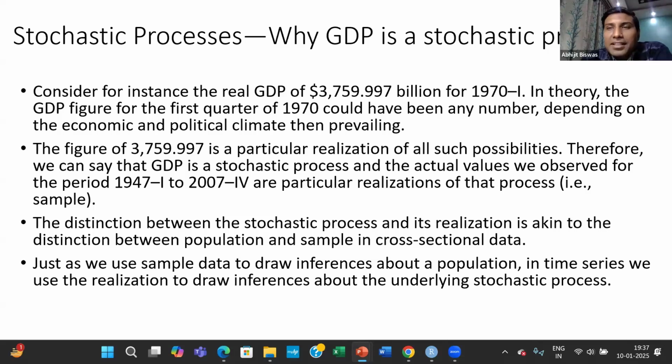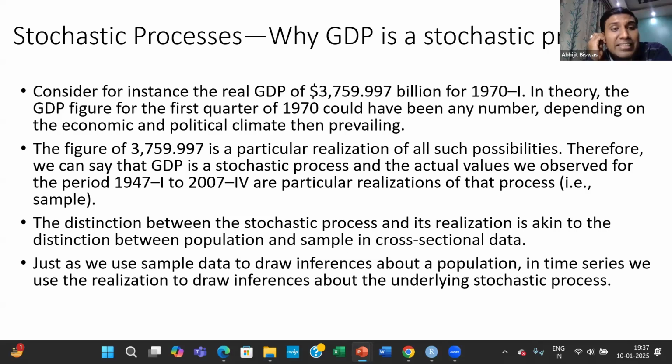The figure that we have quoted in this slide is a particular realization of all such possibilities. There were numerous possibilities that GDP could have been: 3758, it could have been 3820, it could have been any number. Out of all those numerous possibilities, we got 3759.997 as the actual realization.